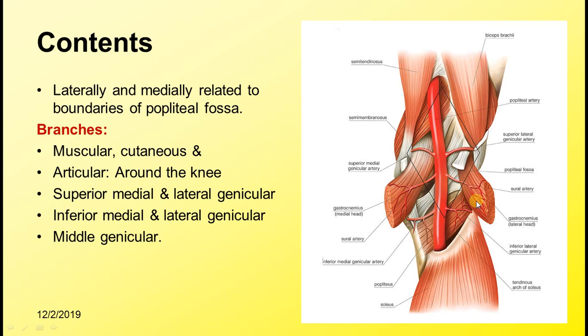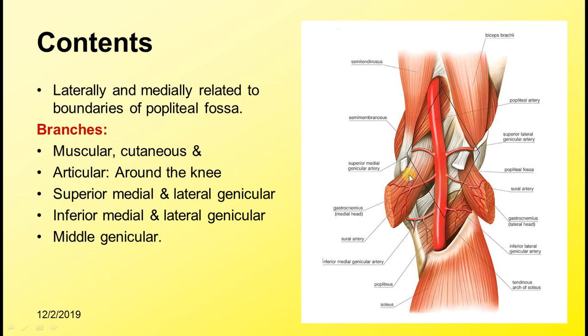So, you might wonder why there is a rich anastomosis. That is because when you flex your knee, naturally there might be a kinking of this popliteal artery, and there should not be any compromise in the blood supply. So, as I told you, 4 sets of branches: superomedial and superolateral, inferomedial and inferolateral.